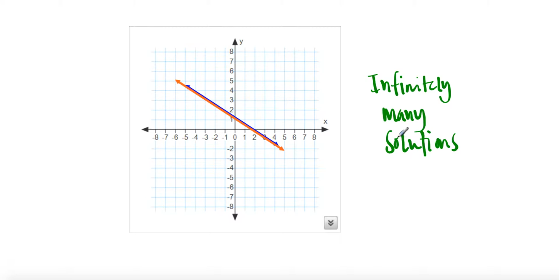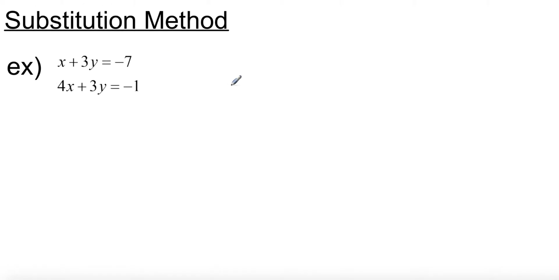Now, like I said, graphing is not the most efficient way for doing this. In this video, we're going to take a look at something called the substitution method. The substitution method takes one equation and substitutes it in for the other. Here we have x plus 3y is equal to negative 7 and 4x plus 3y is equal to negative 1.